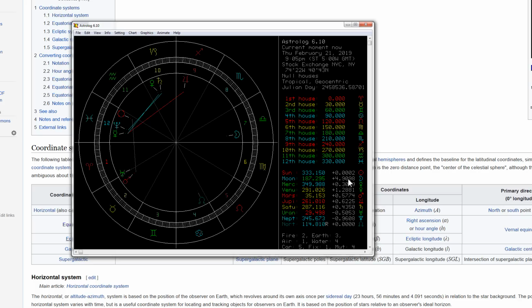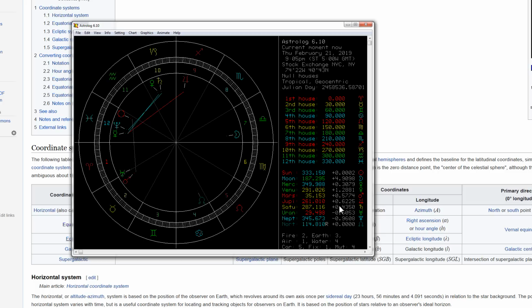You'll notice that the latitude is just a degree or two most of the time. The Moon has a little bit more latitude than the other planets, but they're all within just a few degrees of each other, because the Earth actually does move up and down compared to if we based this system on a different planet.